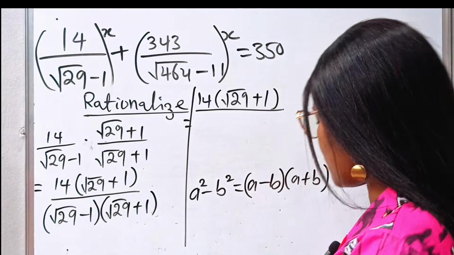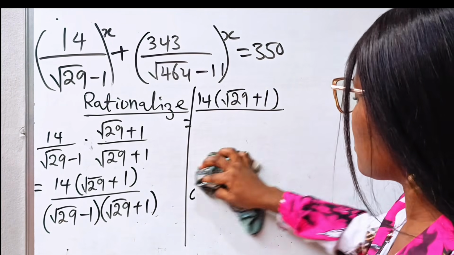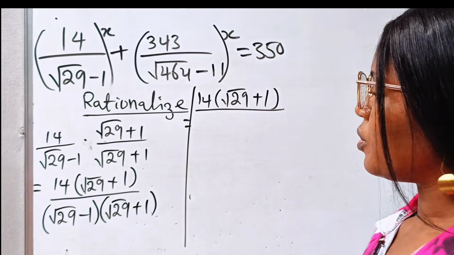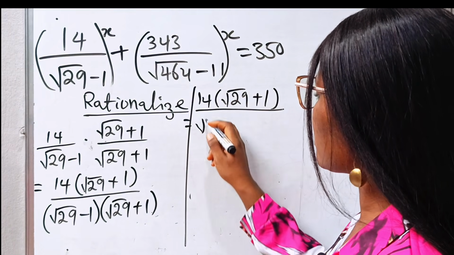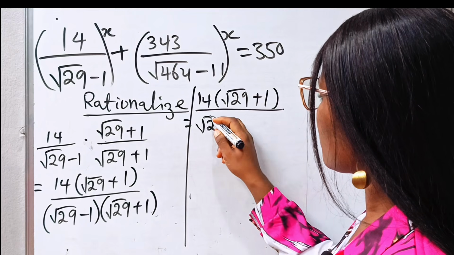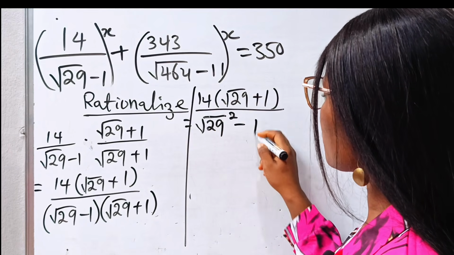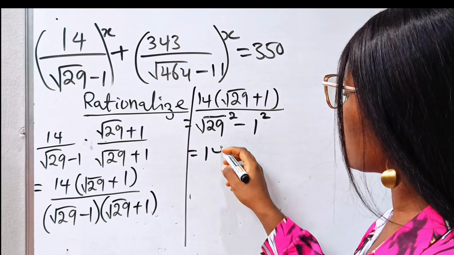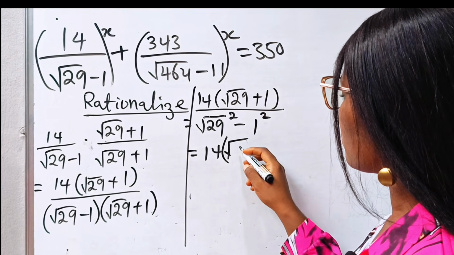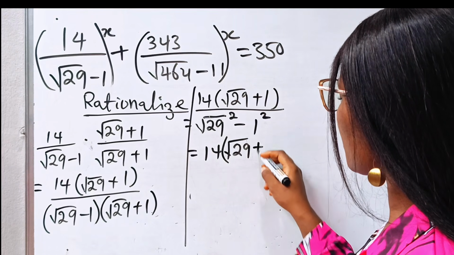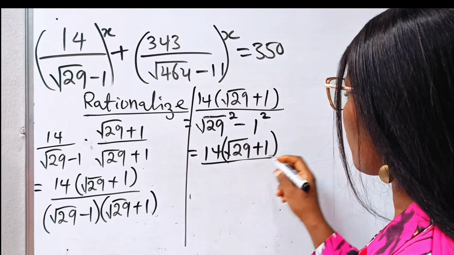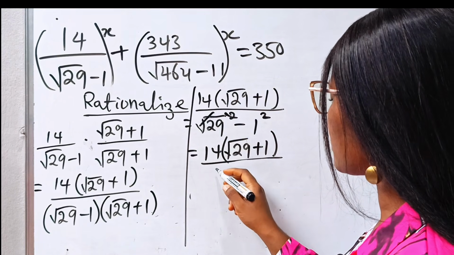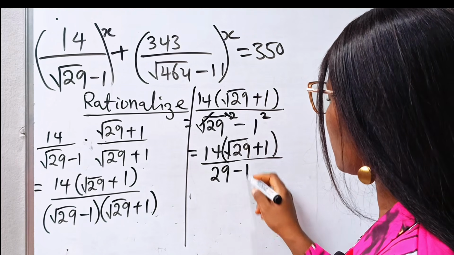So having said that, that simply means that this will be root 29 squared minus 1 squared. We now have this to be equal to 14 bracket root 29 plus 1 over root 29 squared. This we remove, we have 29 minus 1.